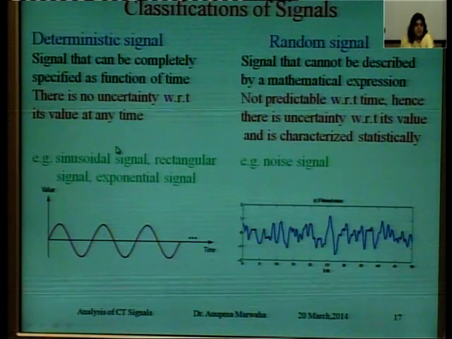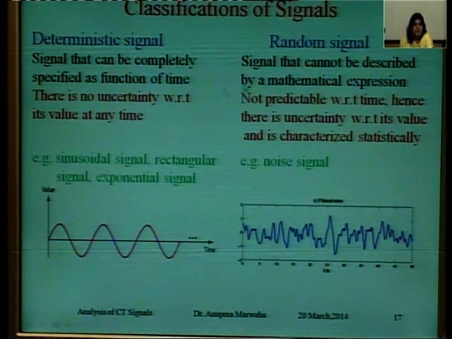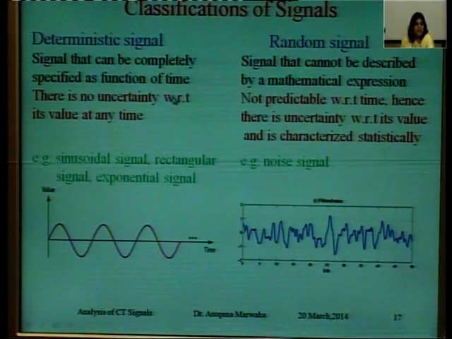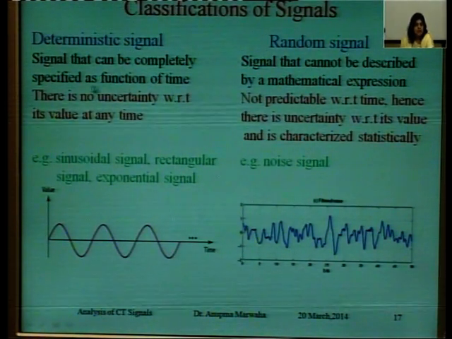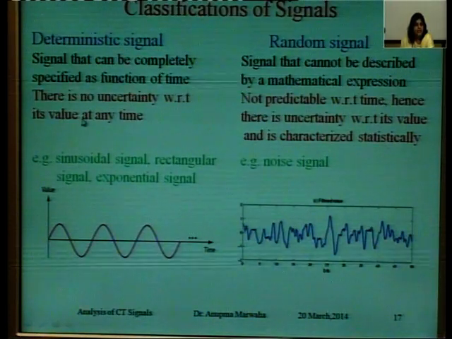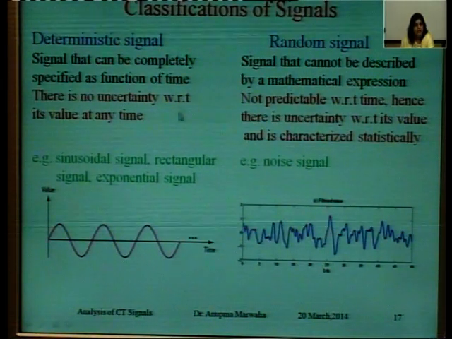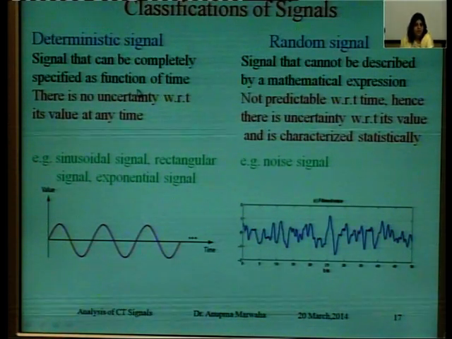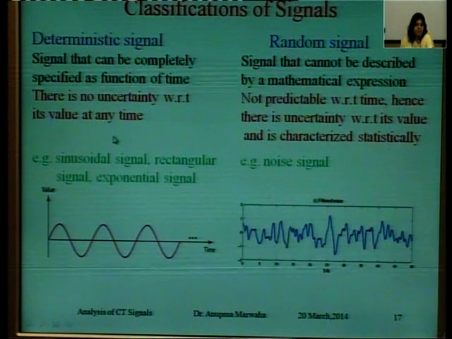Now, the next classification is deterministic signal and random signal. The signals which can be completely specified as a function of time are called deterministic signals. There is no uncertainty associated with these signals, or we can say that a deterministic signal can be expressed mathematically.